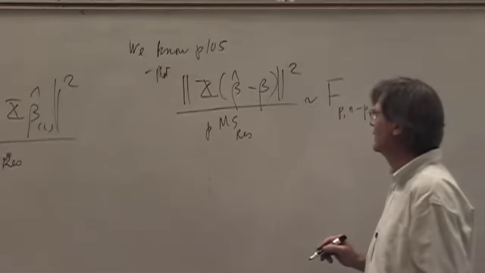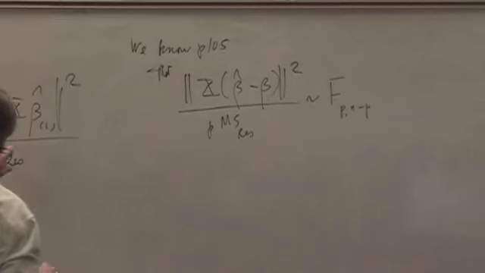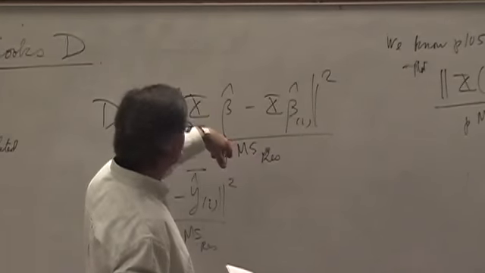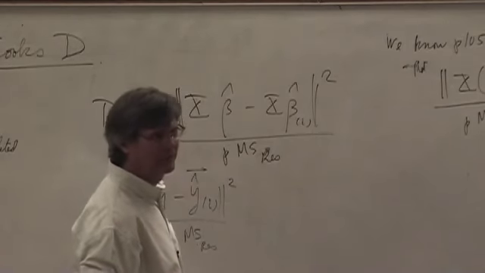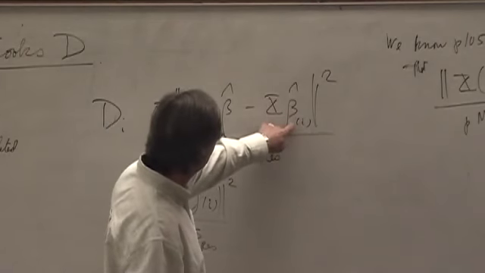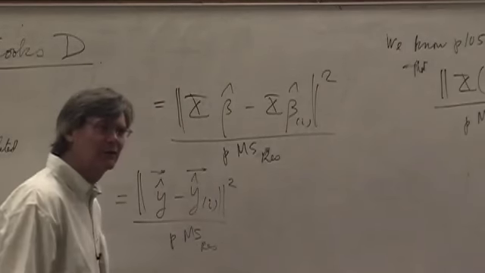We know that. So the real question is how much is beta hat being changed when I delete the ith observation. That's the question posed by Cook's D: is this beta hat far from this beta hat, or is this vector far from this vector?